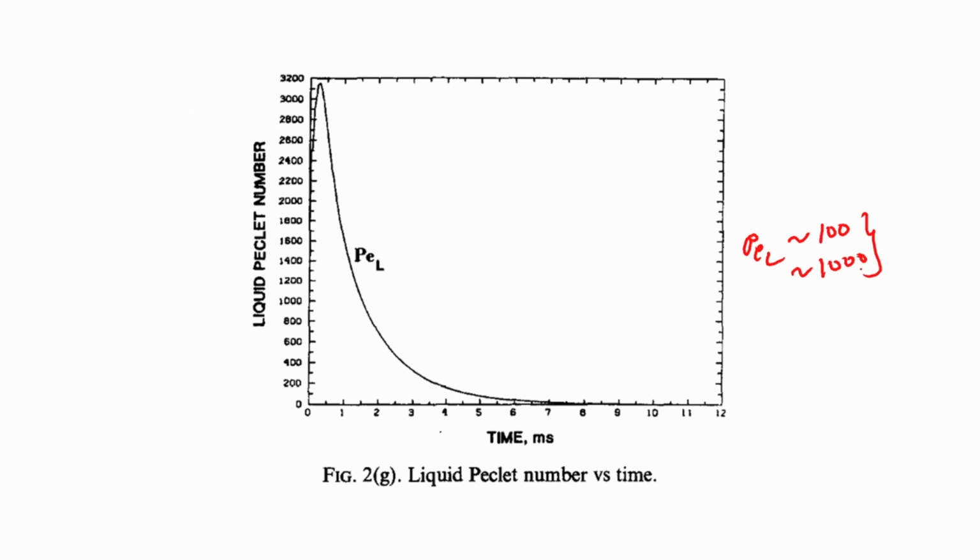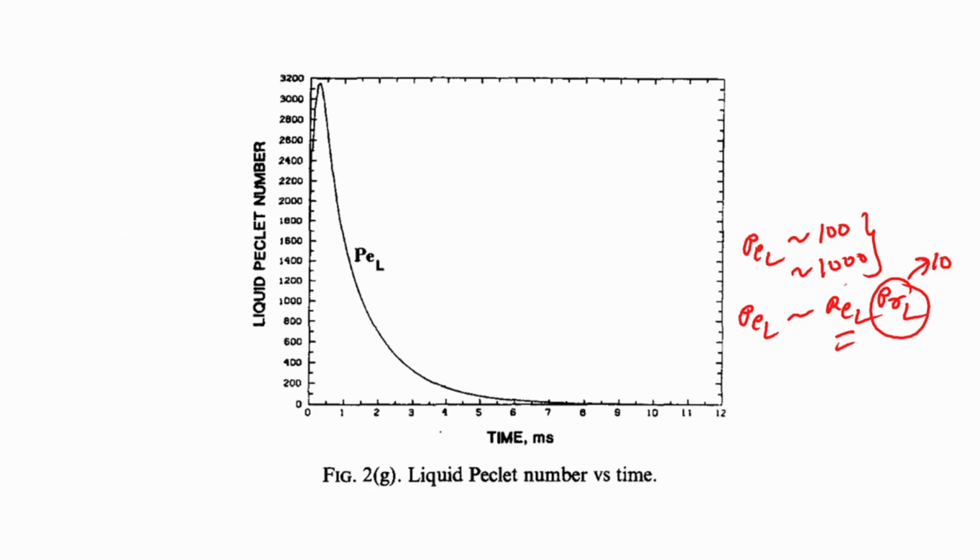So, if you look at the profile of this Peclet number, this is very interesting to say the least. Peclet number, as you know, is a function of Reynolds number and Prandtl number. Liquid phase Prandtl number is of the order 10. So, whatever is the value of the liquid phase Reynolds number, it is multiplied by 10. If the liquid phase Reynolds number is 300, this will be like 3000 of that order.